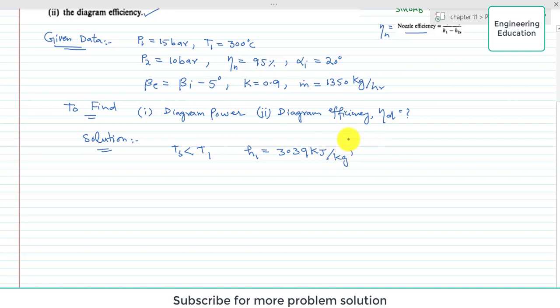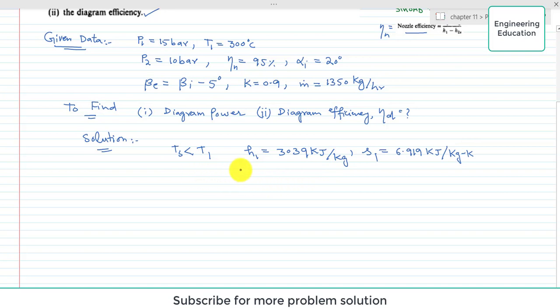Similarly, we note the value of specific entropy, and that specific entropy S1 is 6.919 kilojoule per kilogram per Kelvin.